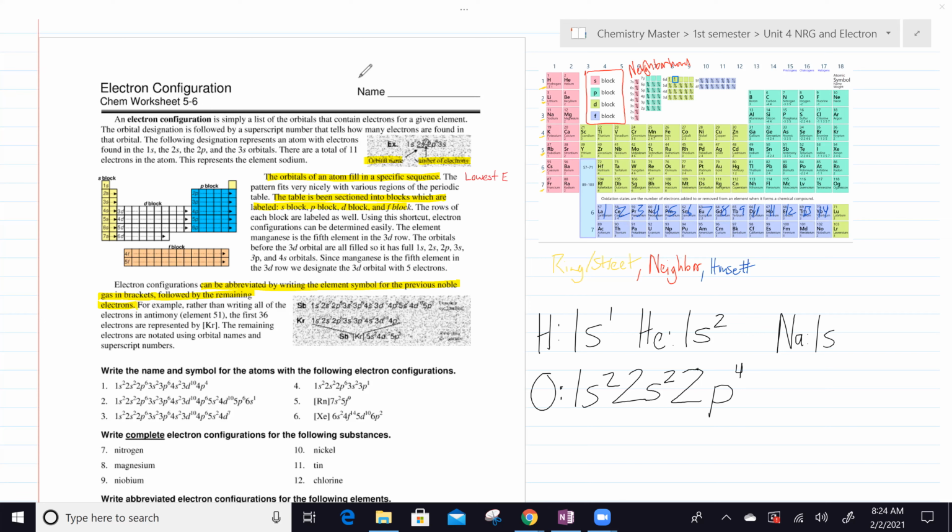I can do just the helium box, and that'll cover hydrogen and helium. Can you give me helium's address? 1s2. Very nice. So that covers hydrogen and helium, because helium's the last box in that neighborhood. It's like saying everybody on this street in this neighborhood. That's what that's saying.